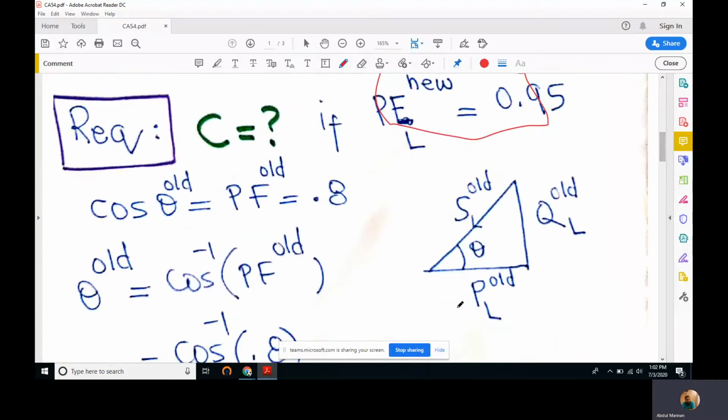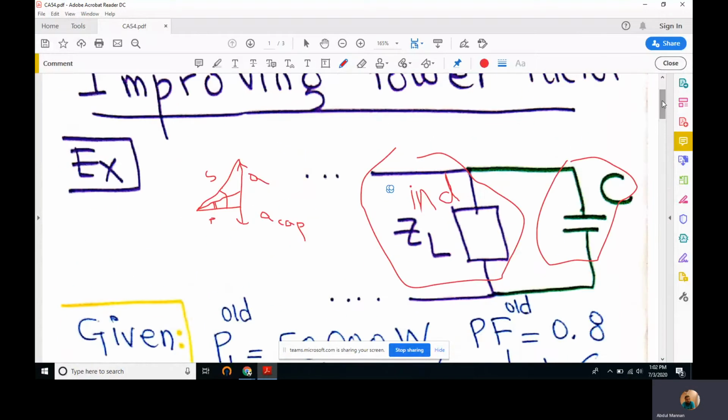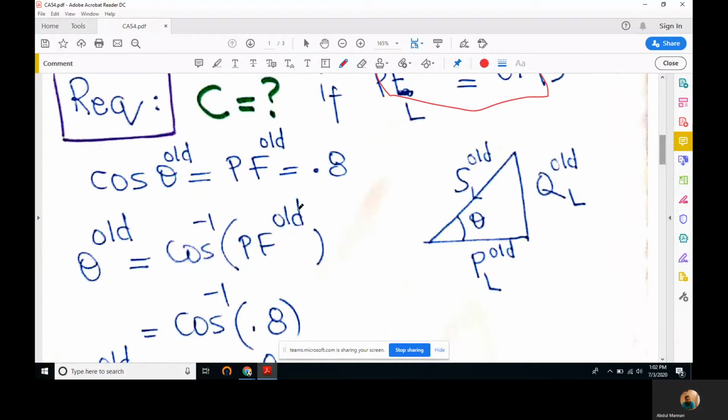So let's draw the power triangle of the system that we have without adding this capacitor. First draw the power triangle for this load, and we call it old. This means we have not yet added the capacitor. This theta can be computed, and this theta is theta old.